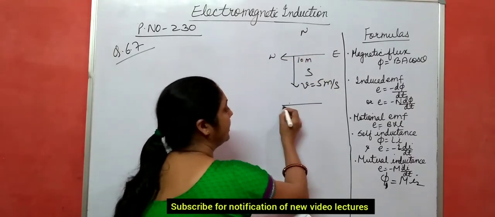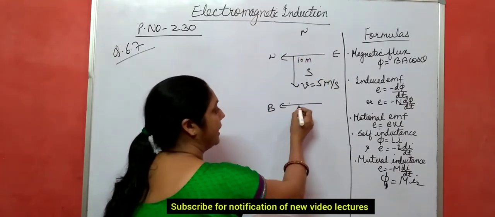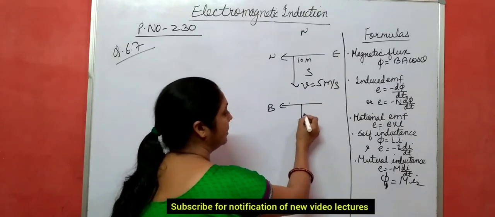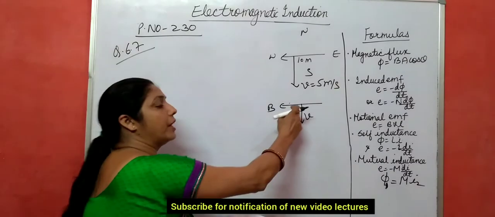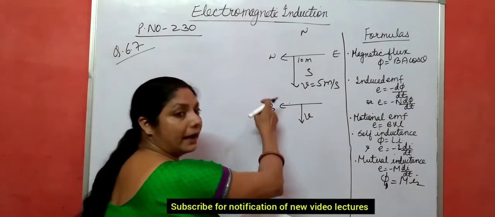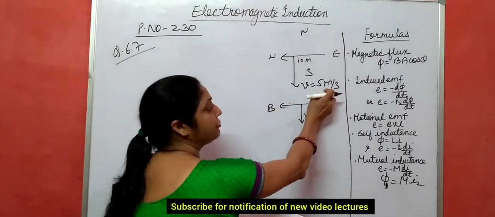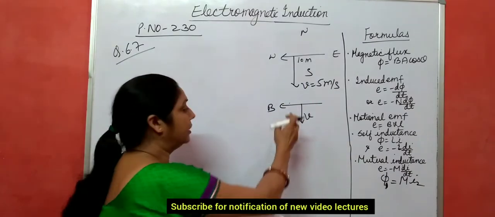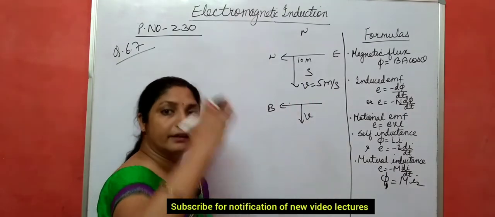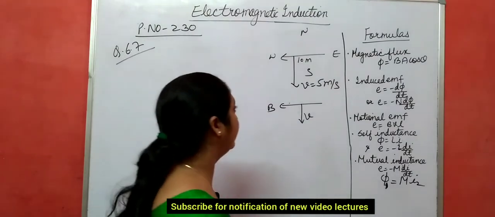It means the field is in this direction, and it is falling in this direction, V is in this direction. So this wire is moving in this magnetic field with velocity 5 meter per second and both are at right angle. The motion and magnetic field are at right angle to each other, right?